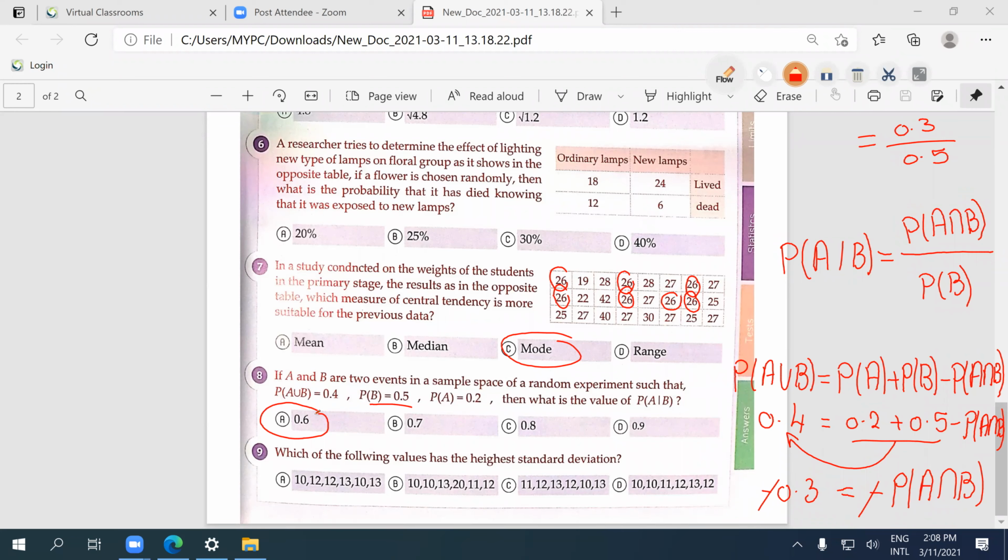And here from 11 to 13, and in D from 10 to 13. But pay attention about this. Letter B, you have 10, 10, 13, oh, we have 20. So all the values are near to each other except 20. So we have a gap. This gap makes a dispersion. We can measure this dispersion by standard deviation.